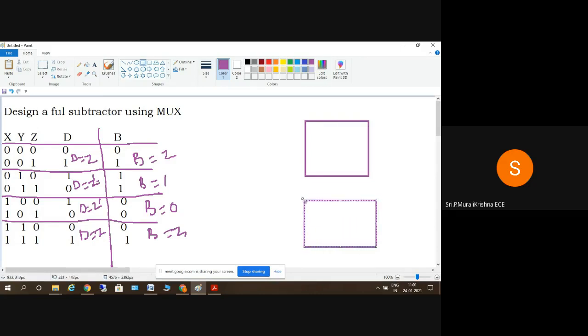The selection lines are the same for both the multiplexers here. Selection lines are x and y. This is S1, S0, and this is S1, S0.